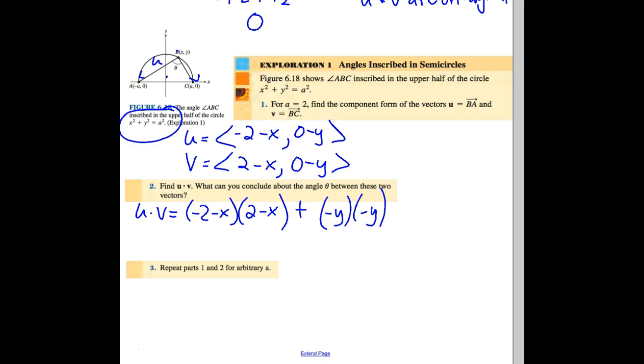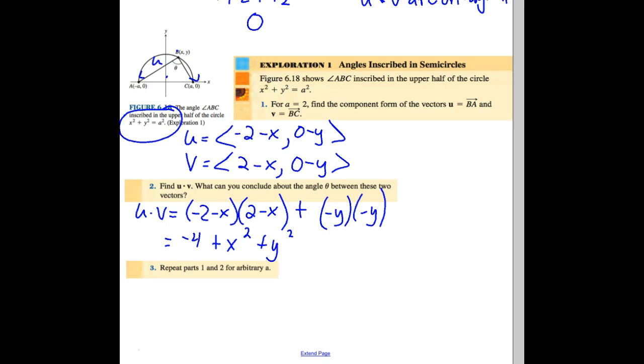If we take the first component times the first component, we're going to have to FOIL that out. What do we end up with? Negative 2 times 2 would be negative 4. What about insides and outsides? Will they cancel each other out? Okay. And then last times last, negative x times negative x is positive x squared. And negative y times negative y is positive y squared. You good so far? Okay.